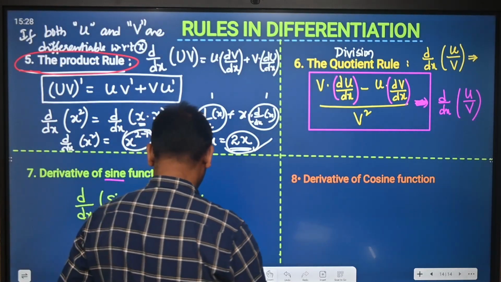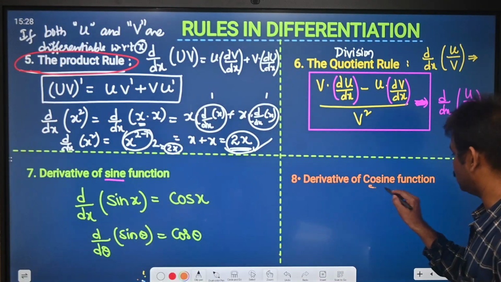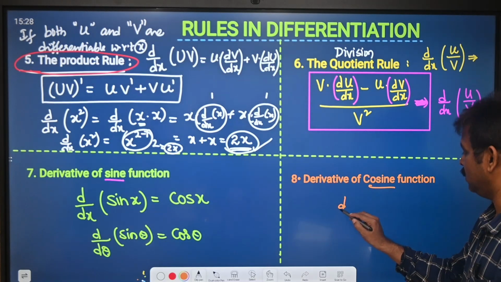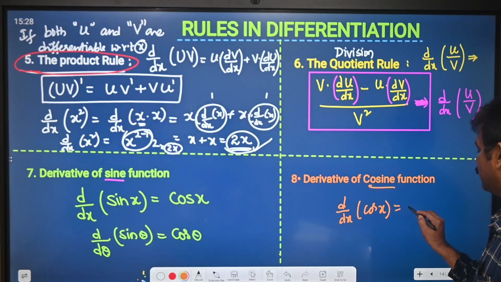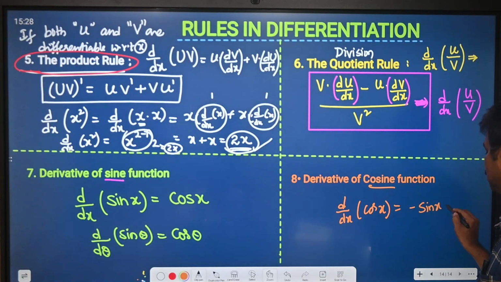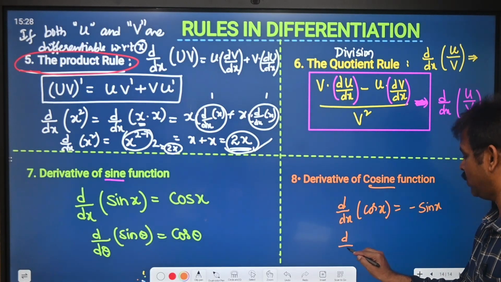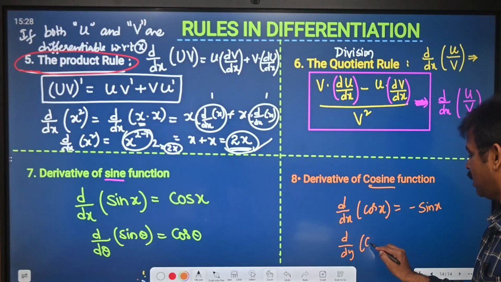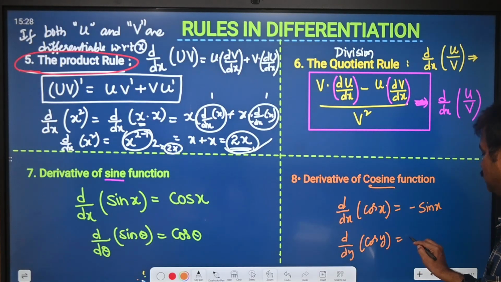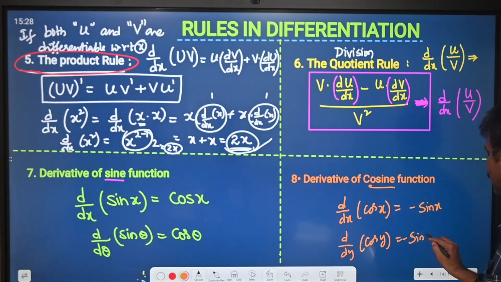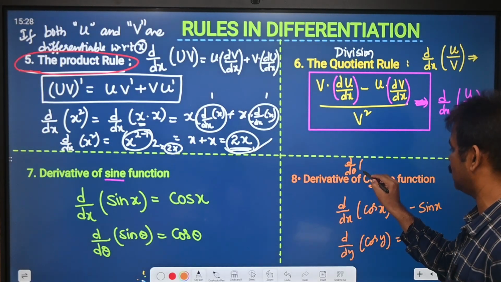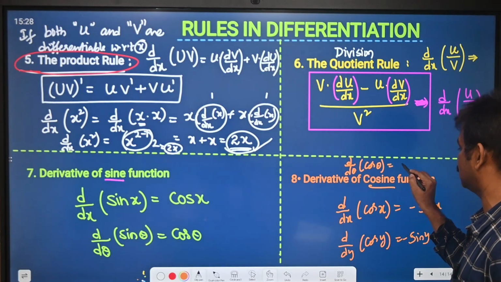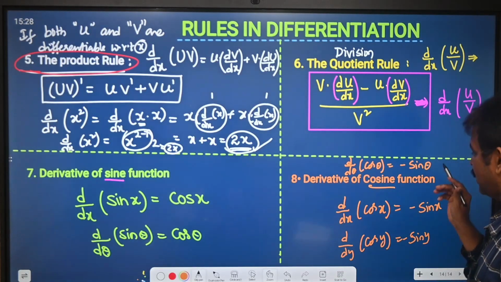Similarly, if we take the derivative of cosine function, d by dx of cos x will become minus sin x, or d by dy of cos y is equal to minus sin y. Similarly, d by d theta of cos theta is equal to minus sin theta.